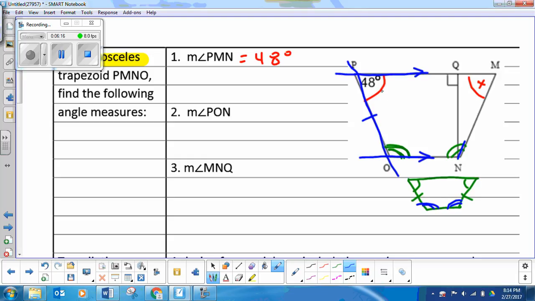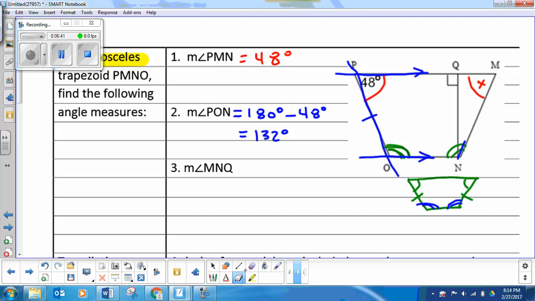Same side interior, same side of the crosswalk, inside the road, whatever you want to remember how to do that. So the value of this angle is going to be 180 degrees minus 48 degrees. And when I do the math, I will get that this is worth 132 degrees.